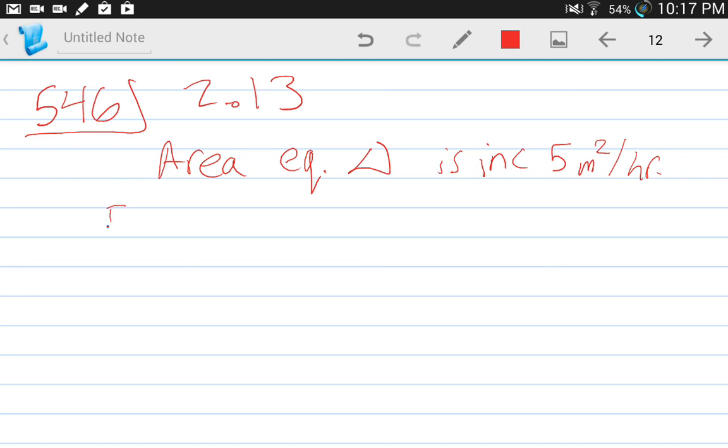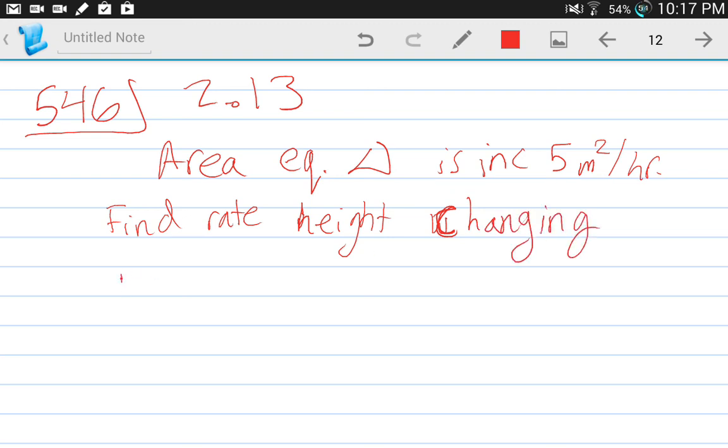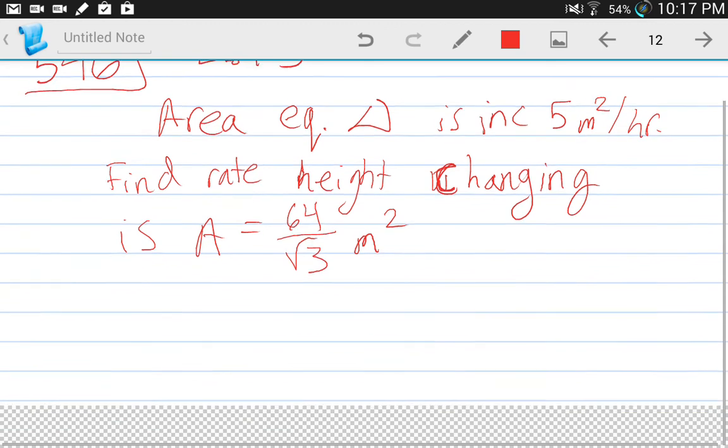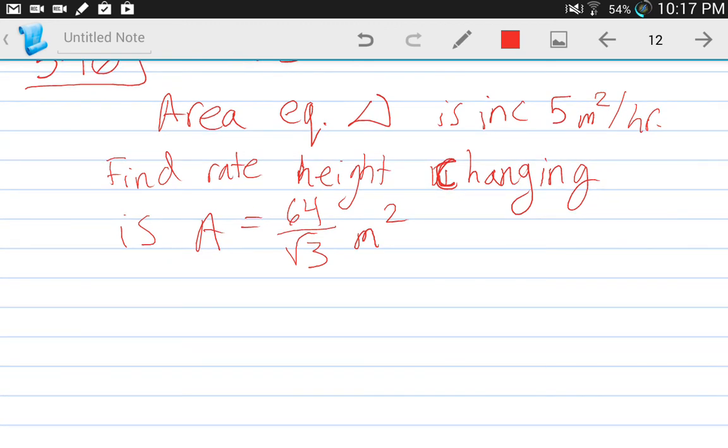And then it says find the rate at which the height is changing when the area is 64 over square root of 3 meters squared. And you can look at that example in your guys' homeworks or those packets.